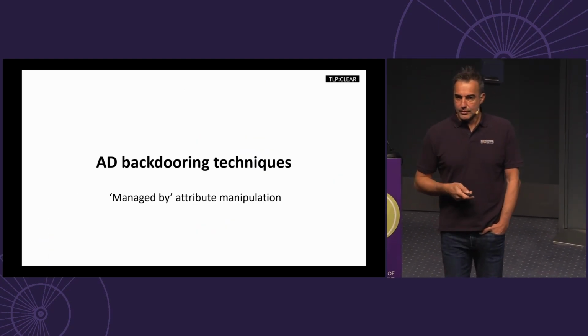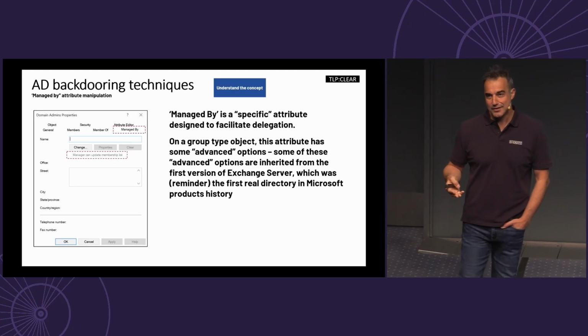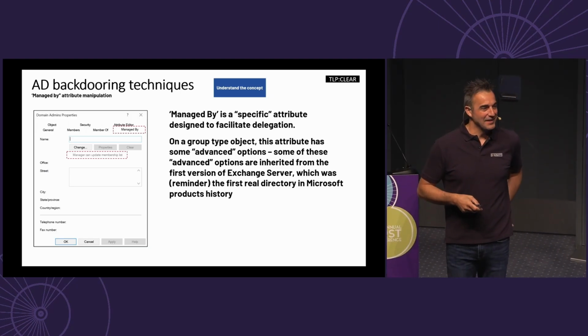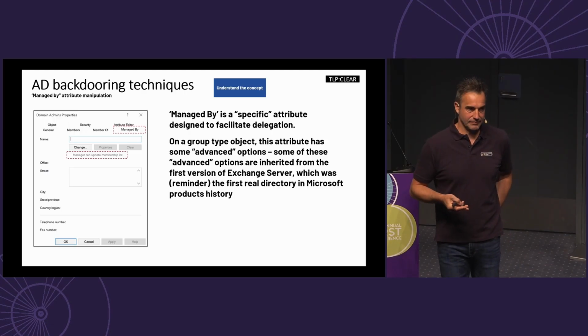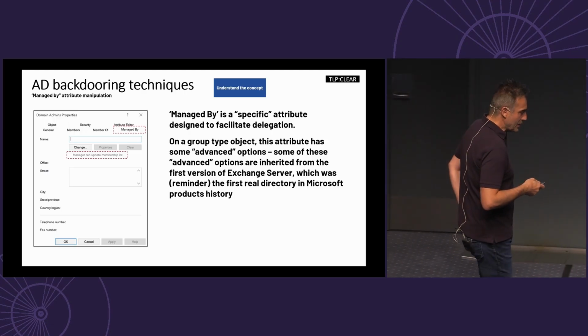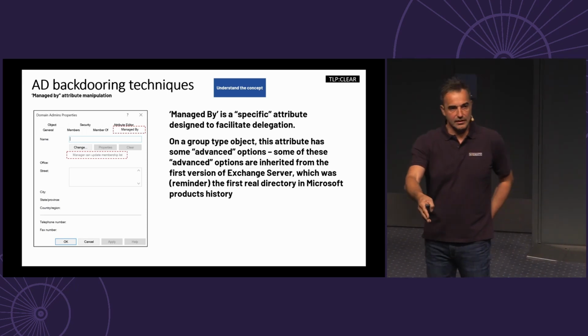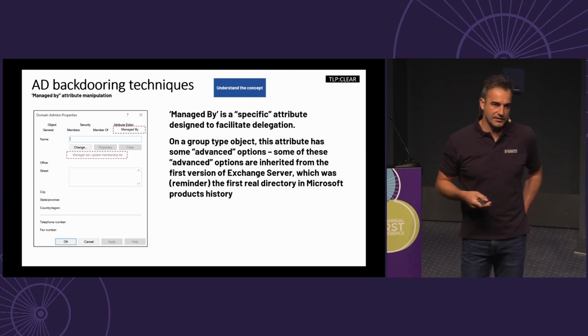Managed by attribute manipulation. So managed by is, again, a specific attribute. You know, you have a lot of specific attributes inside AD. Managed by is designed to make delegation easier. So what you will do, you will say, hey, this group or this object, I want to delegate this to another object inside AD.